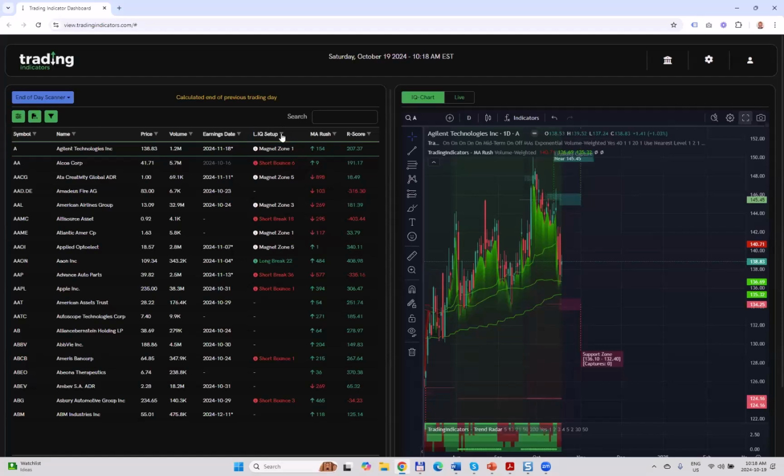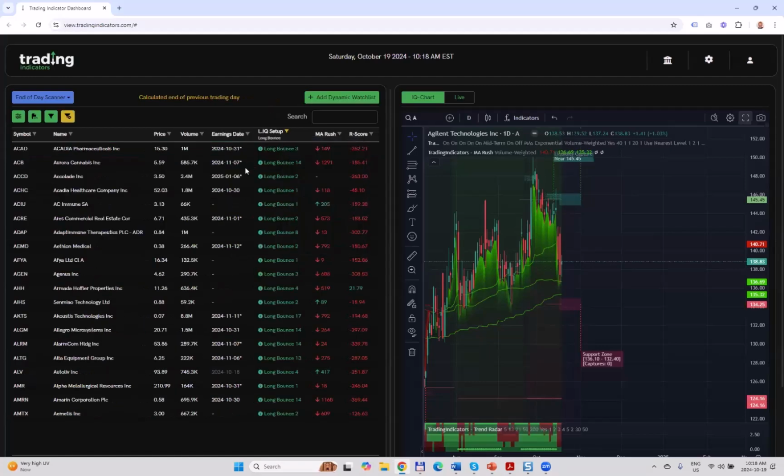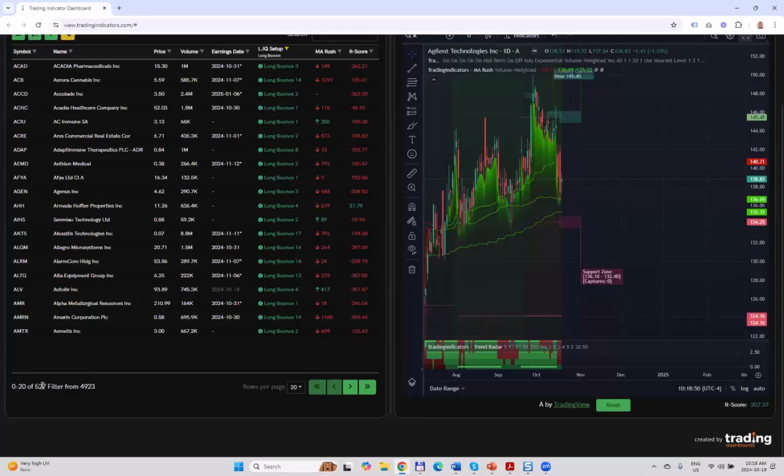I'm going to click on the filter icon, and we're going to scan for certain setups. Just because it worked out so nicely last week, let's start with our long bounce setup. Once I click on here, it will only show me stocks which are currently in a long bounce situation. If you scroll down, we can see that we are now down to 527 stocks.